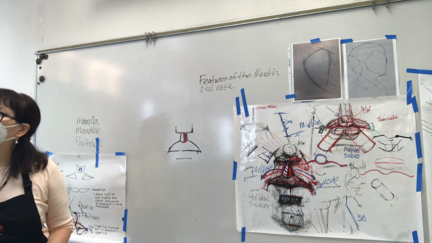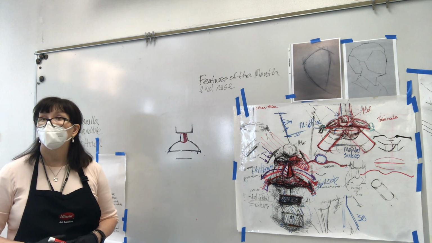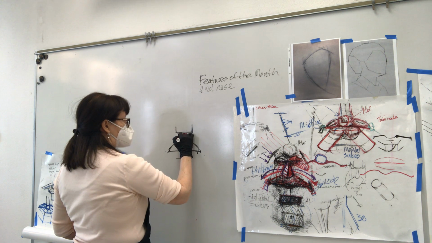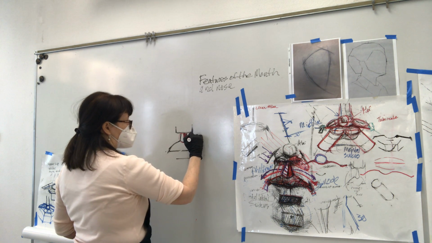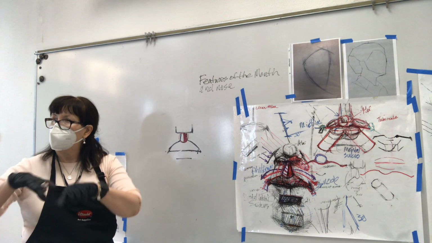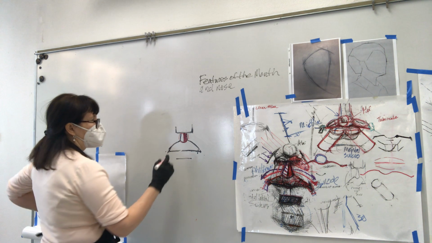Oftentimes, not always, but often and especially dependent upon skin type, you'll have a highlight right here and a highlight right here. Because of that concept I showed you with the paper, it is conforming to the shape of the maxilla.